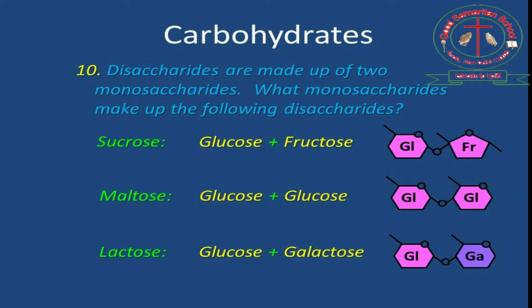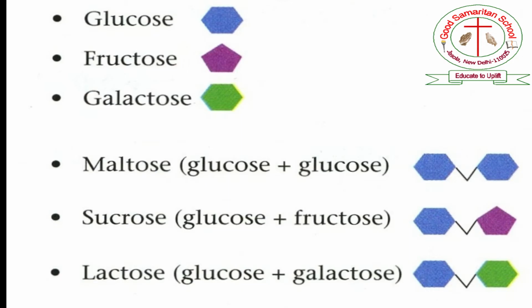So let's come to disaccharides. Disaccharides are carbohydrates made up of 2 units of sugar. They are formed when monosaccharides are joined together. The common disaccharides include maltose, which is made up of 2 glucose molecules. When 2 glucose are joined, it makes maltose.